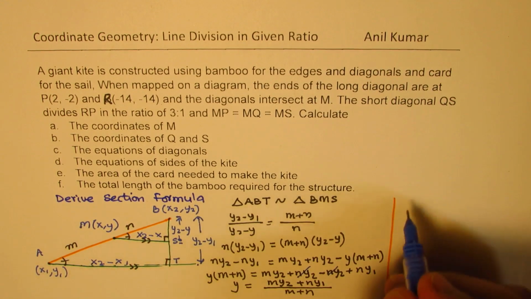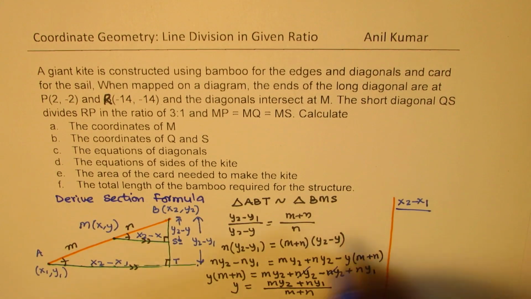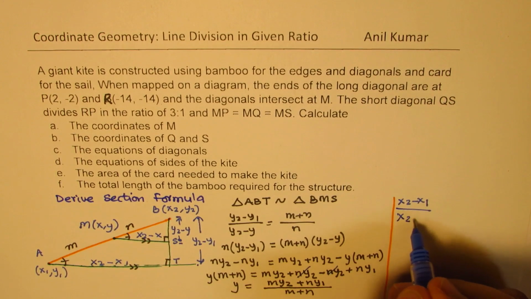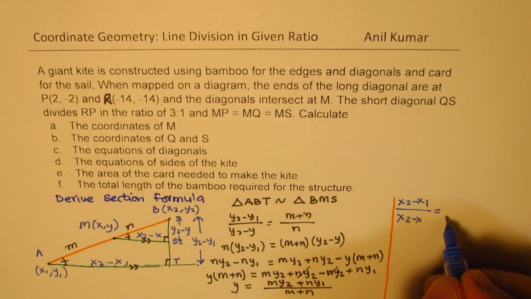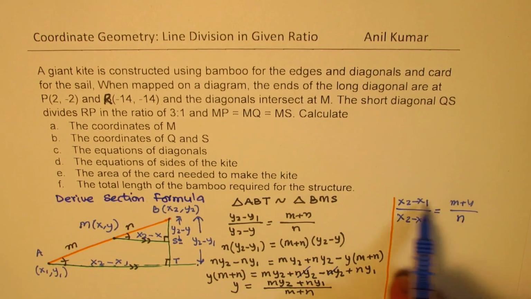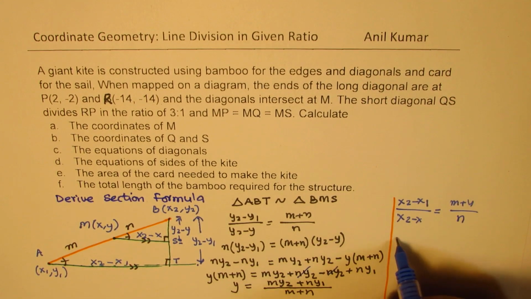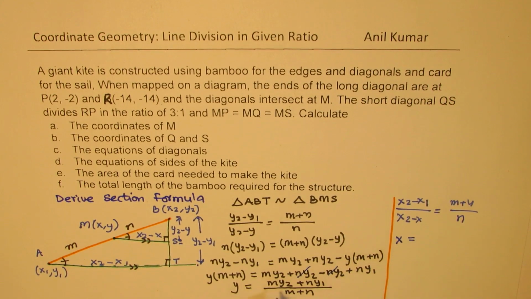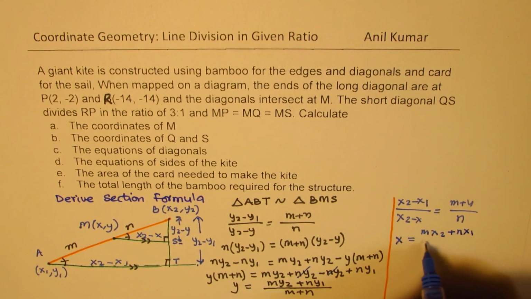So that ratio, x2 minus x1 over x2 minus x, is also equal to this combination, which is m plus n, and that is n. So when you isolate this using exactly the same steps, you also get the coordinate for x, which will be m times, very similar, you can just replace and do the same thing, x2 plus n times x1 over m plus n.